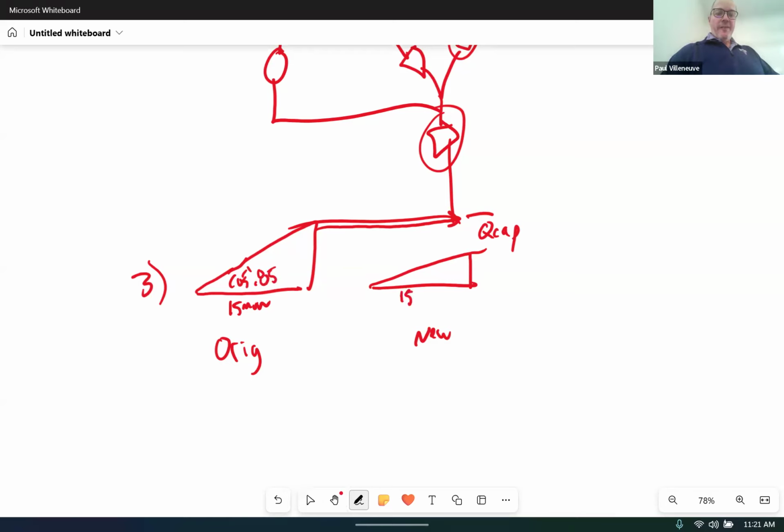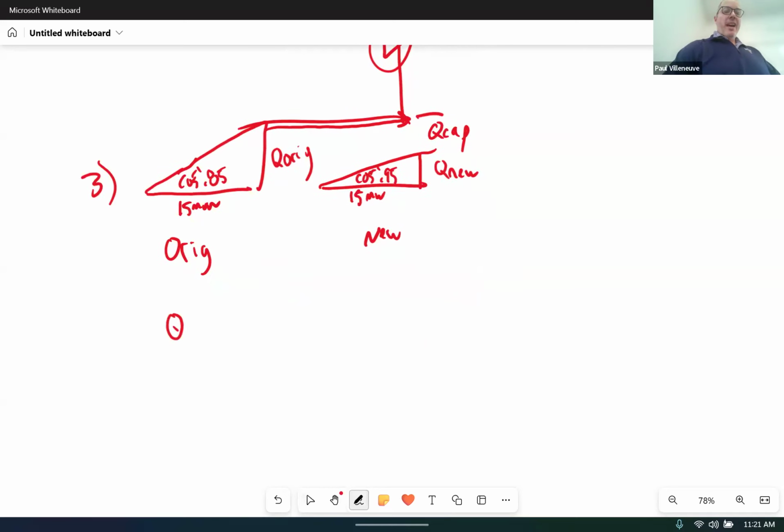This is still 15 megawatts, but now I want it to be the inverse cosine of 0.95. This is Q original. You all can calculate Q original, right? Just doing trig identities. This is Q new. So Q cap is equal to the original system minus the new, because it's going to make up the difference. And that's going to be equal to V squared over X sub C.